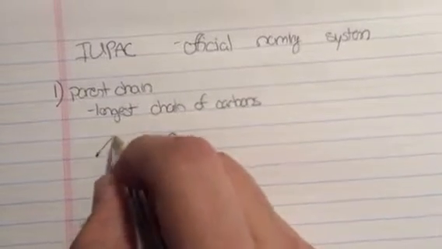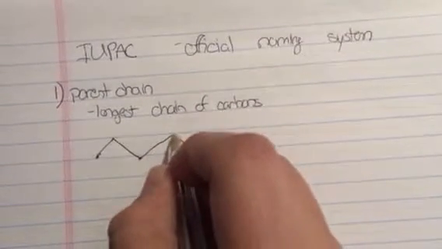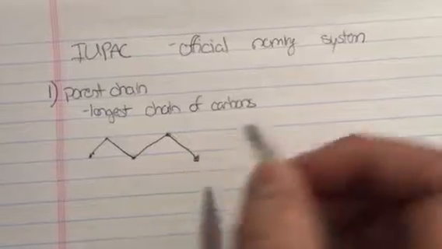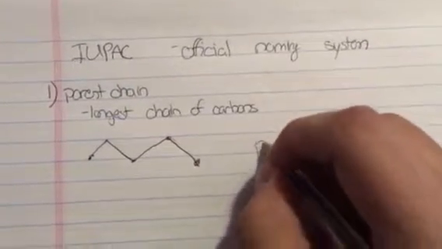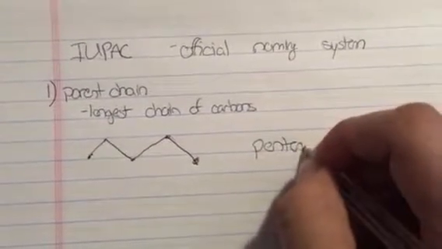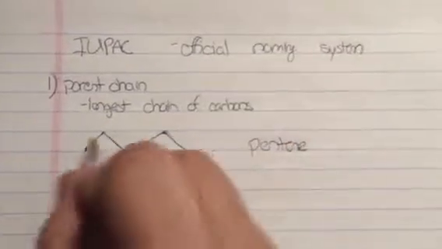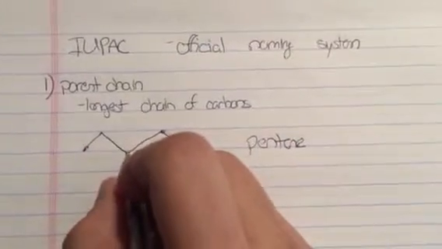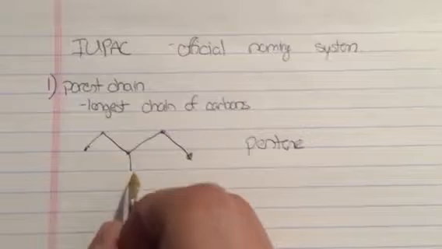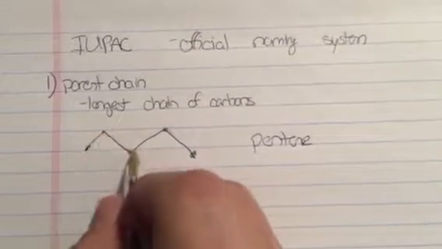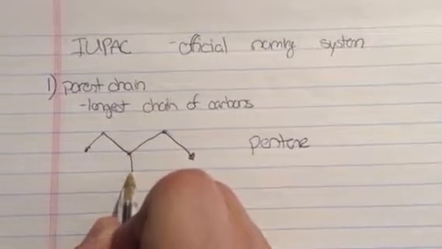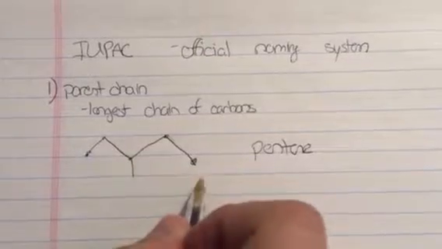This is going to be a pentane because that's the longest chain of carbons. And even if I put a carbon here, 1, 2, 3, 4, that's not the one we're going to use.